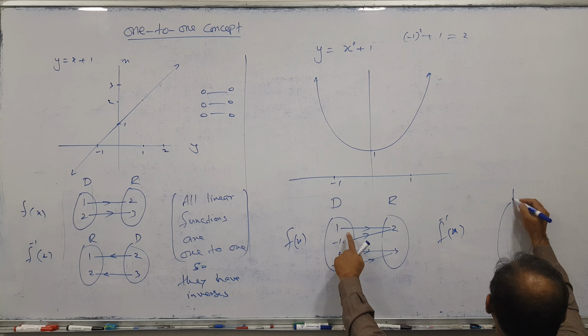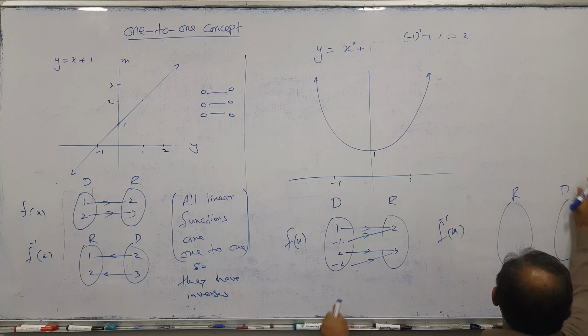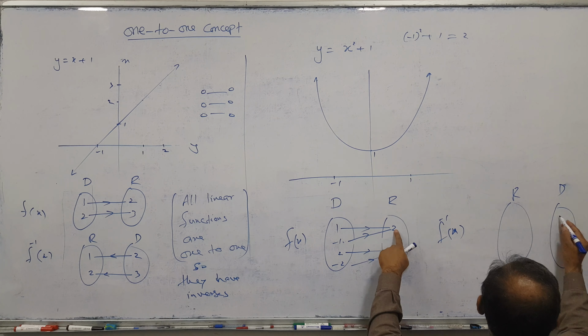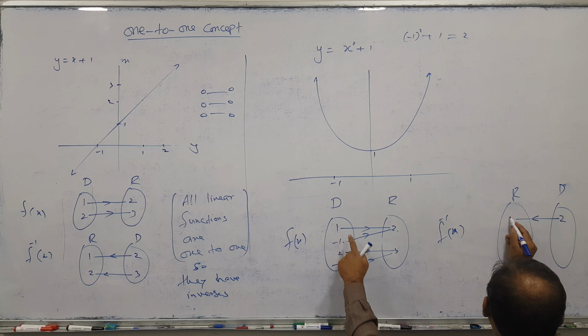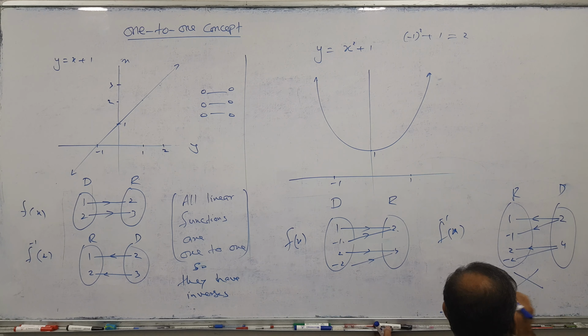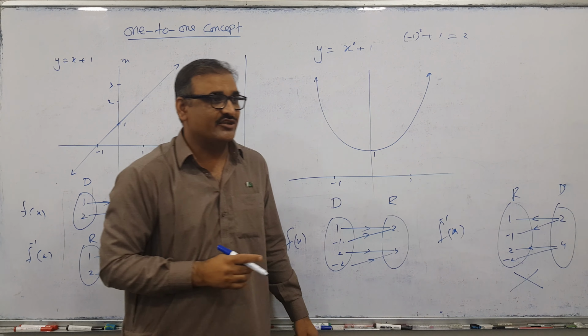This becomes range and this becomes domain. So when I have this domain, let's see what happens. This 2 has 2 answers: one answer is 1 and one answer is minus 1. This 4 has 2 answers: one is 2 and one is minus 2, which is against the rule of the definition.